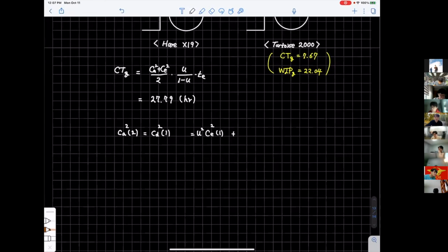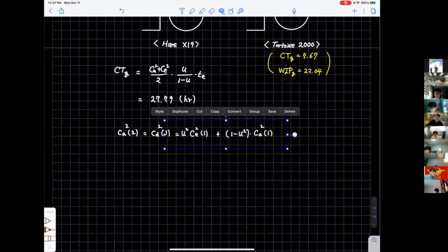And the calculation result is plus (1 minus U) squared times CA squared of the hair X19. It becomes like this.